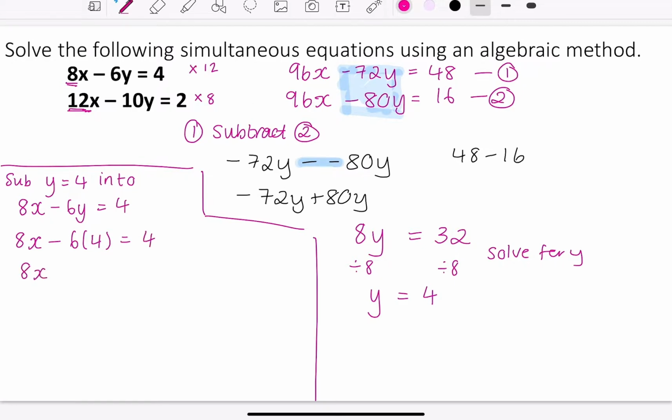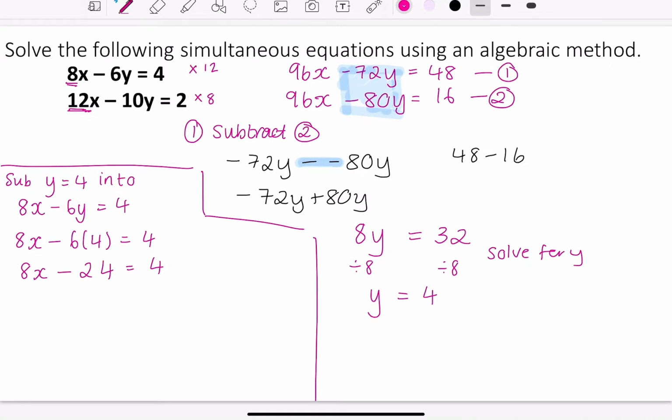8x minus 6 times 4 is 24, and that is equal to 4. What we're then going to do is ask ourselves, how can we go about solving for x?